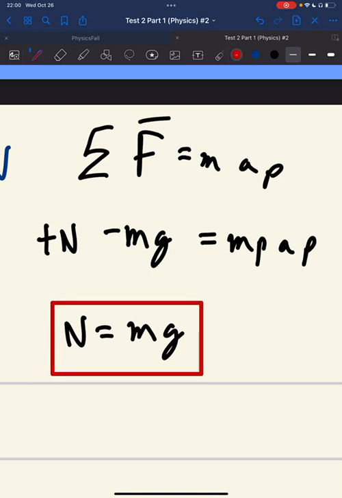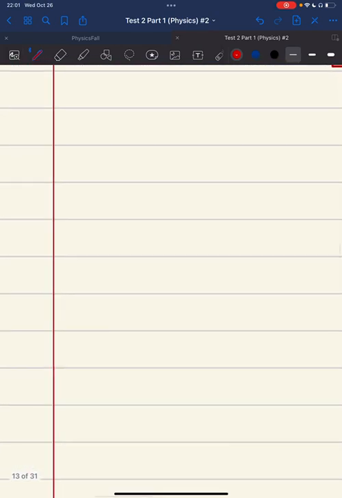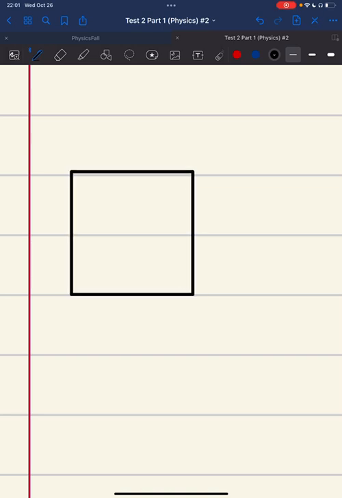All right. We're going to move on. This is where it gets complicated now. We're going to draw him again and see a better representation of this.